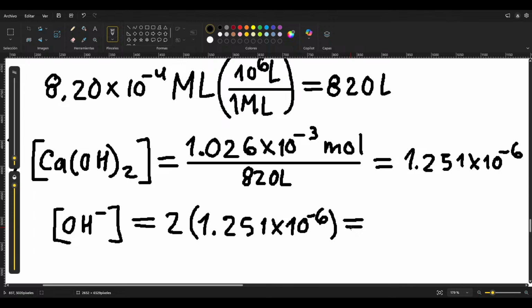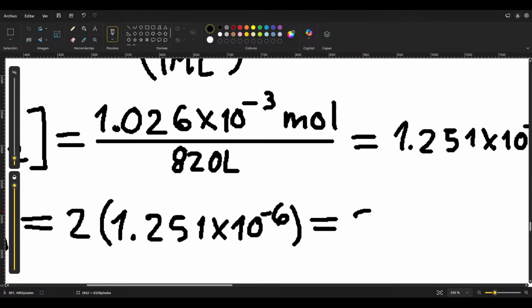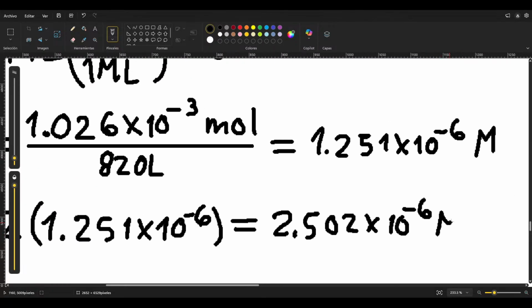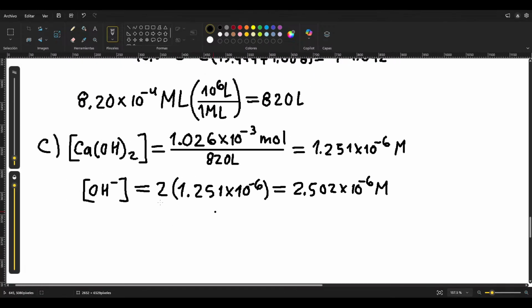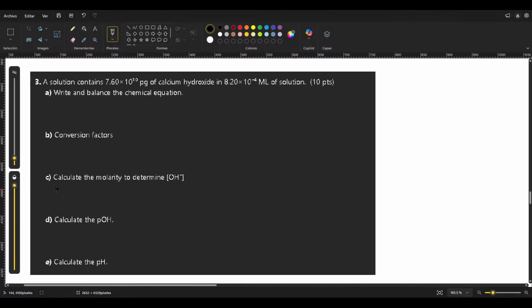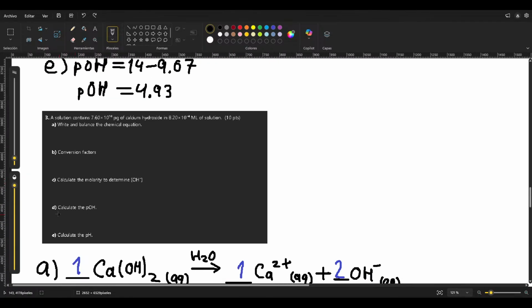So like 2.502 times 10 to the negative 6 M. Okay, now calculate the pOH.